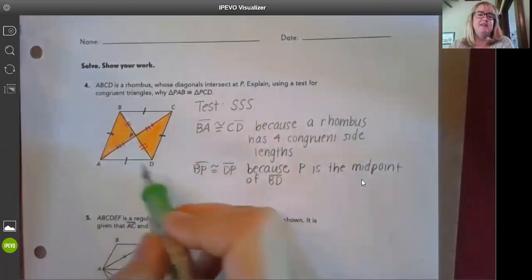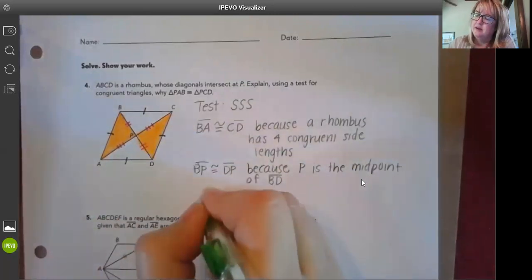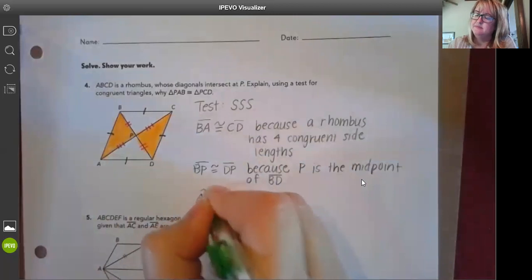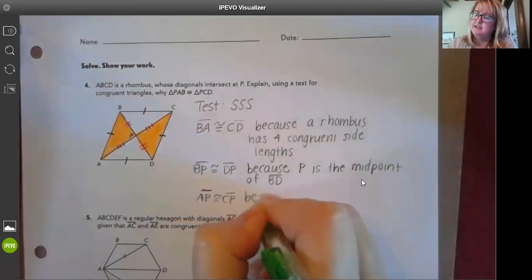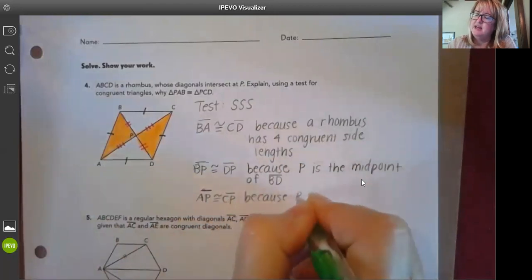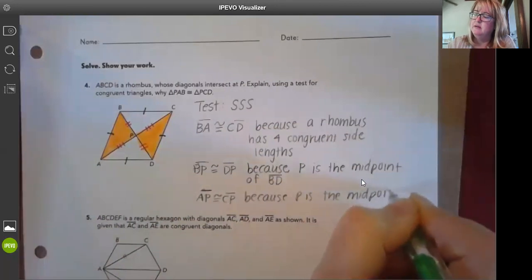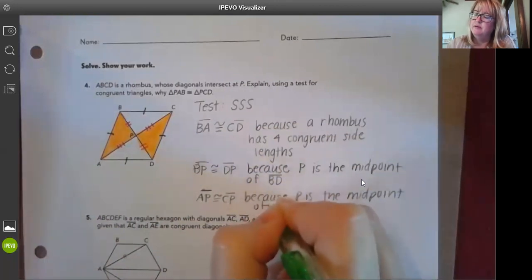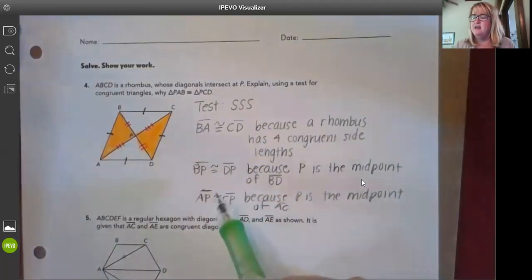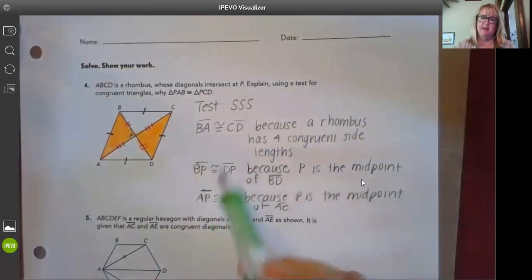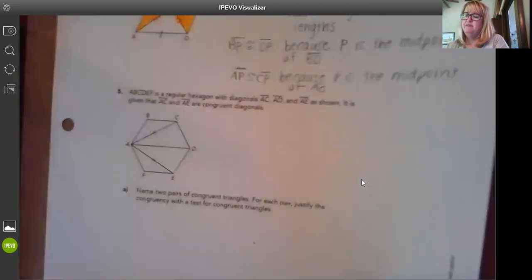And then we can do the same thing for AP and CP. AP is congruent to CP because P is the midpoint of AC. All right, and because of all that, they have three side lengths that are the same length, so they have to be congruent.